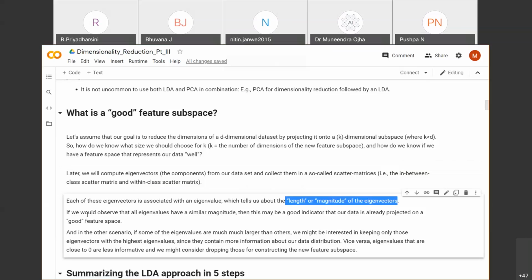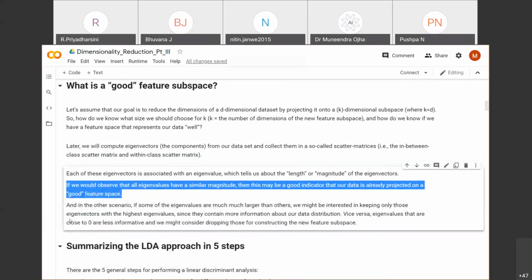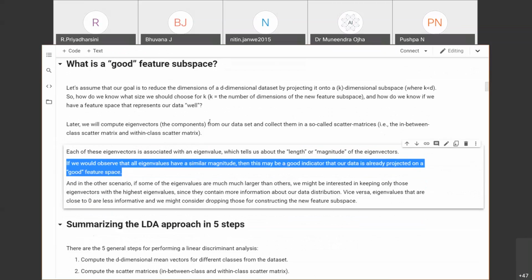If we observe that all eigenvalues have a similar magnitude, then this may be a good indicator that our data is already projected onto a good feature space. So this is the basis with which we say that our data is in a good feature subspace.